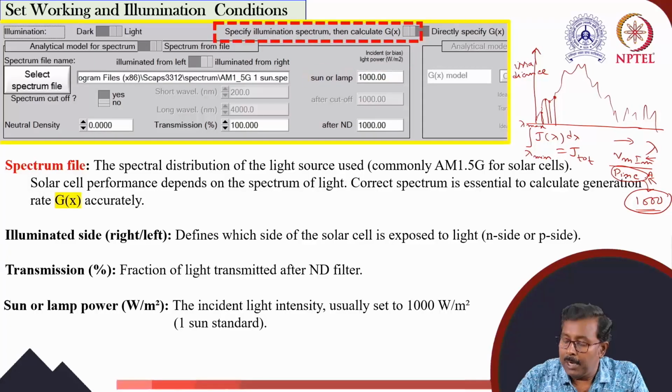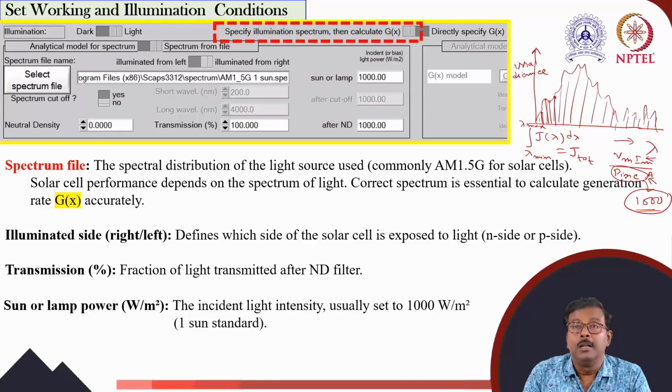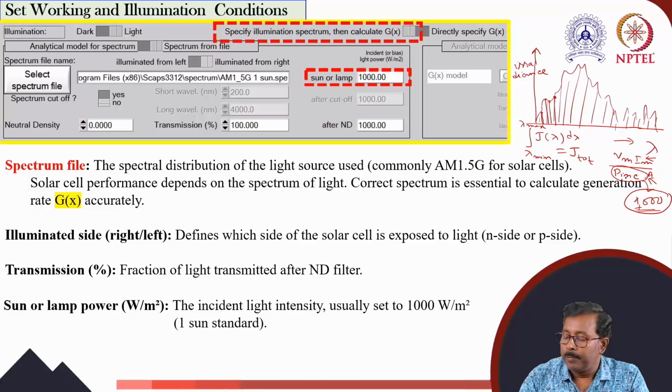That is nothing but the total area under the curve. That indicates the total power incident. So from the spectrum file, it can calculate the individual J lambda, but the total optical incident power should be the area under this curve. From that you can calculate, and that will be 1000 generally, you can specify the total power.